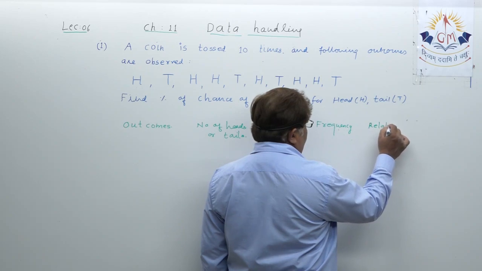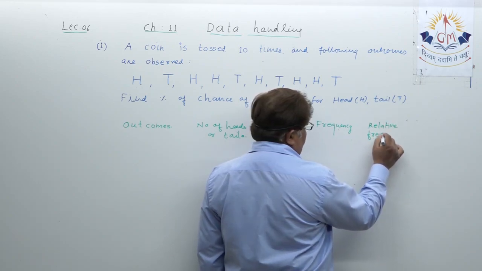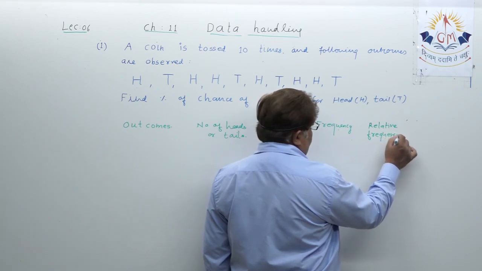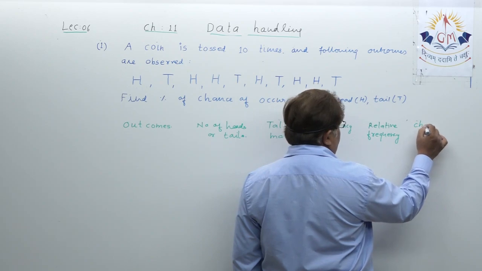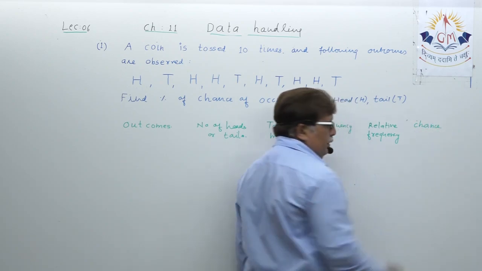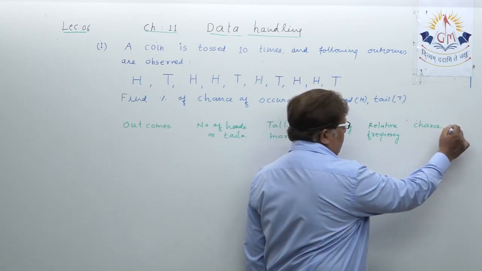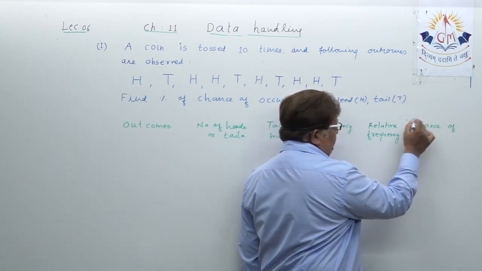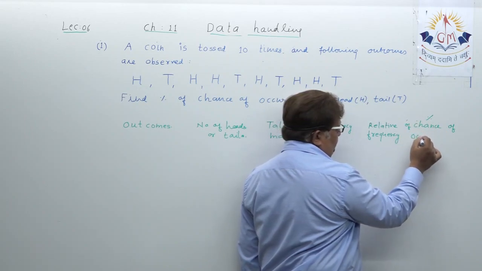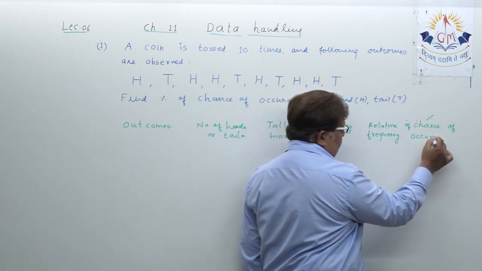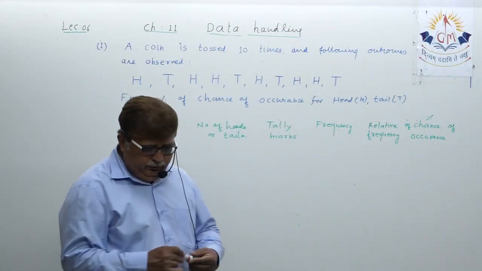Relative frequency. And at last, percentage of chance of occurrence. Okay.